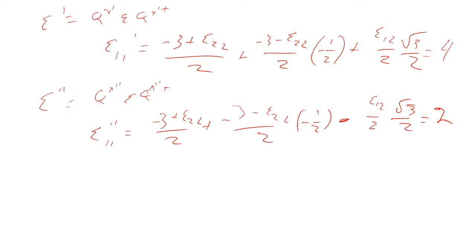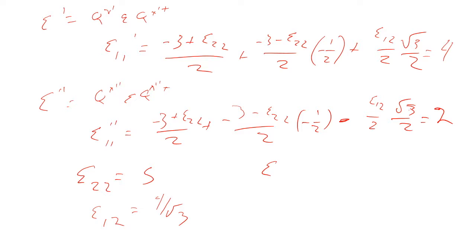Right? And what we end up with is epsilon 2 2 equals 5. And epsilon 1 2, we can solve these two, equals 4 over the square root of 3.